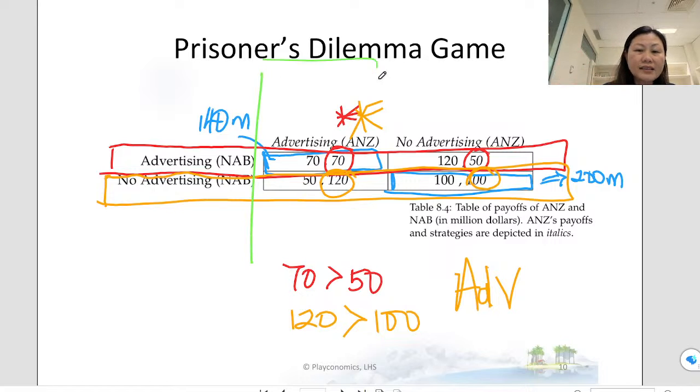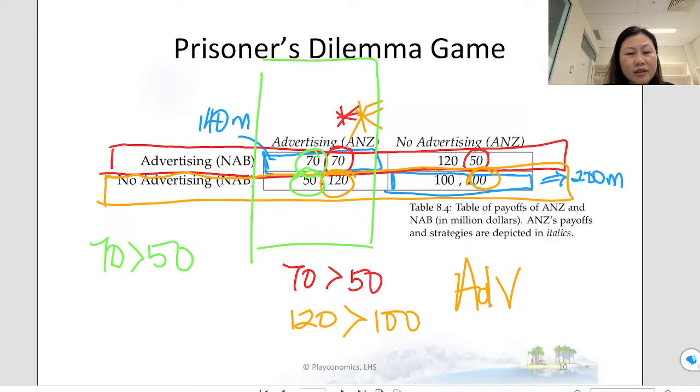Then we look at ANZ's profile. Let's say ANZ is advertising. If NAB advertise, NAB gets 70 million. If NAB doesn't advertise, NAB get 50 million. So 70 greater than 50. So we advertise.